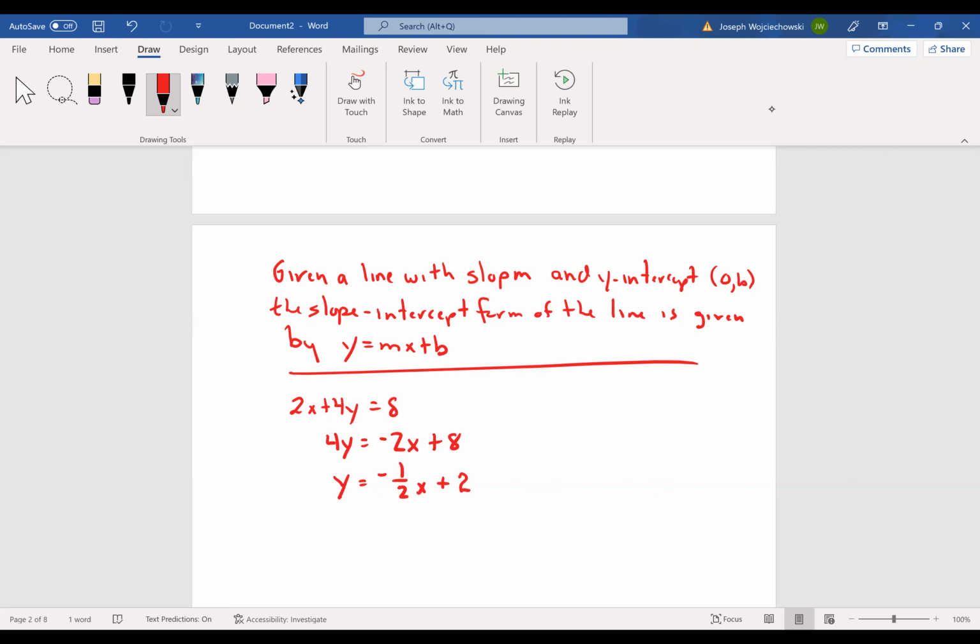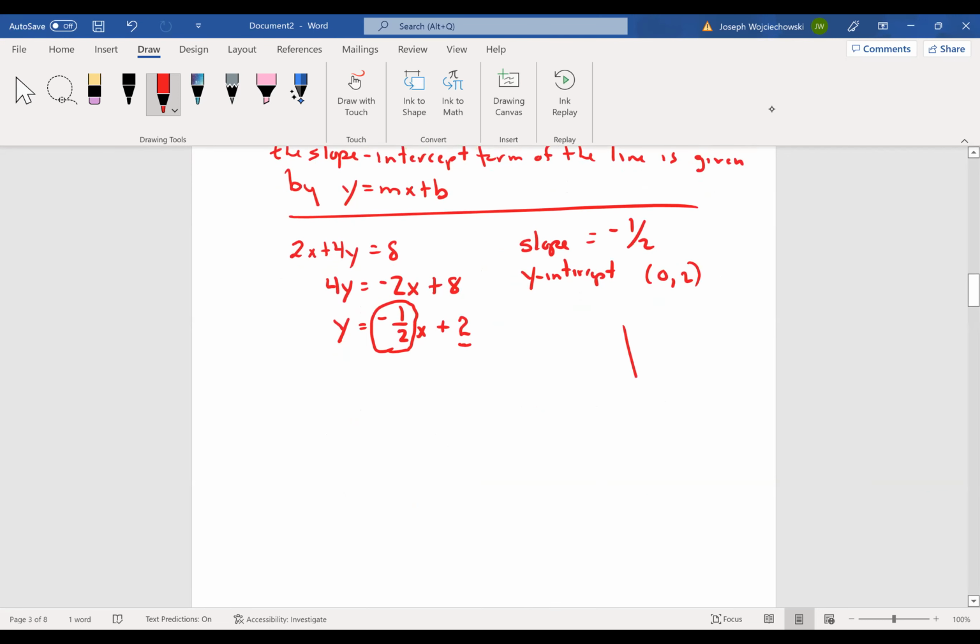Okay, so now what is my slope and y-intercept? Well, my slope is right here, negative 1/2. And my y-intercept, (0, 2). So now we can use this information and graph this equation. We have a point here.